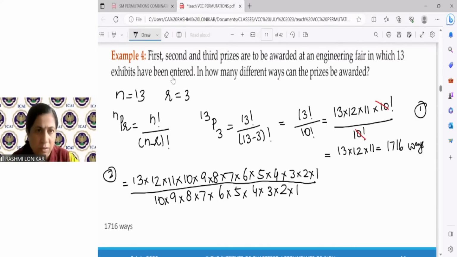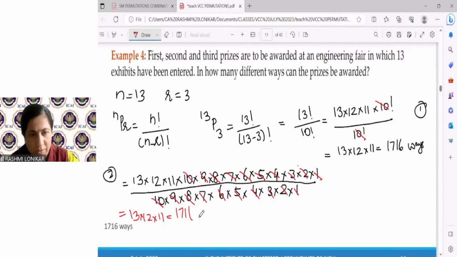So 1, 2 get cancelled. 4, 5 get cancelled. 6, 7, 8, 9, and 10 as well. So we are left with 13 into 12 into 11, which is 1716.